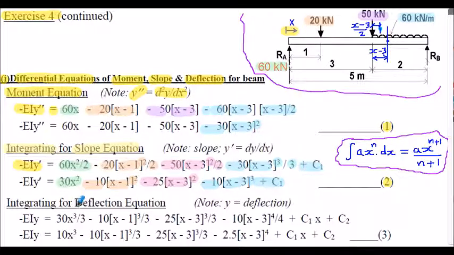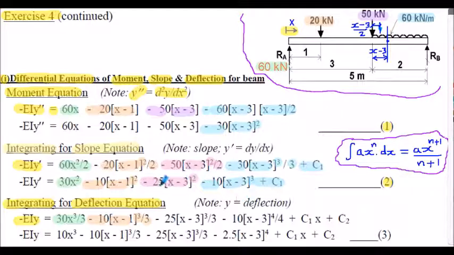And to find my deflection equation, I'll integrate one more time. So for the deflection equation, integrating the left-hand side, the negative EI y dash becomes negative EI y. Integrating 30x squared, standard form, that becomes 30x cubed upon 3. Integrating the second term, that becomes negative 10x minus 1 cubed upon 3.